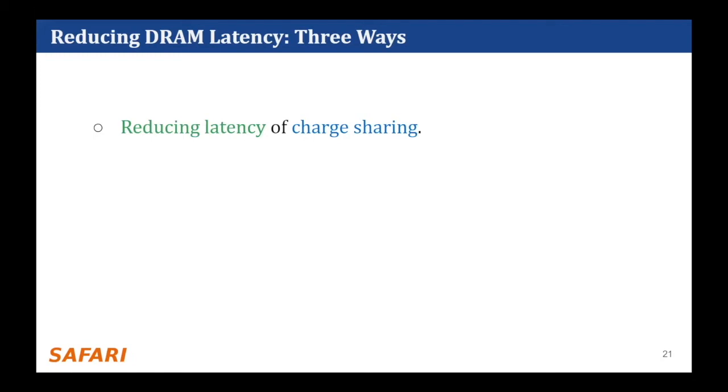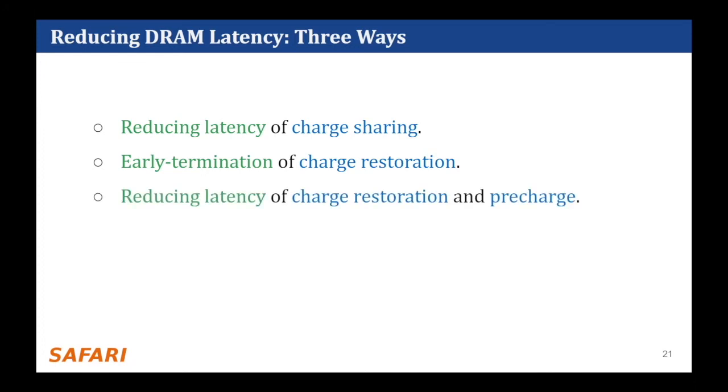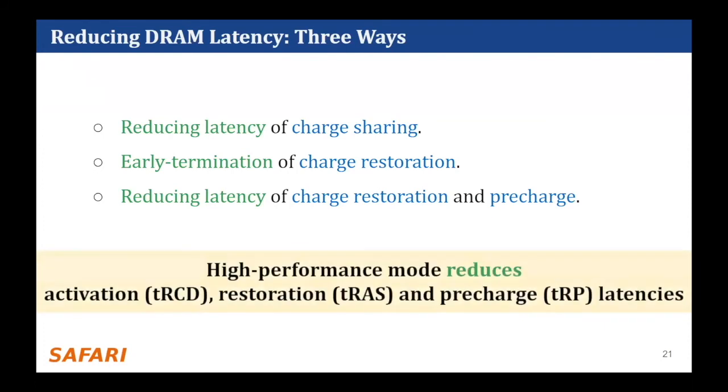As a recap, the coupled operations of two cells and two sense amplifiers reduce DRAM latency in three ways: the reduction of charge sharing latency, the early termination of charge restoration, and the reduction of the latency of the entire charge restoration process and precharge. As a result, high performance mode in Clear DRAM reduces tRCD, tRAS, and tRP.